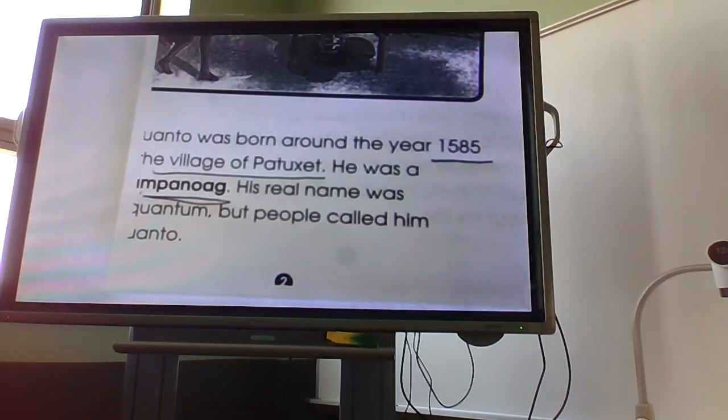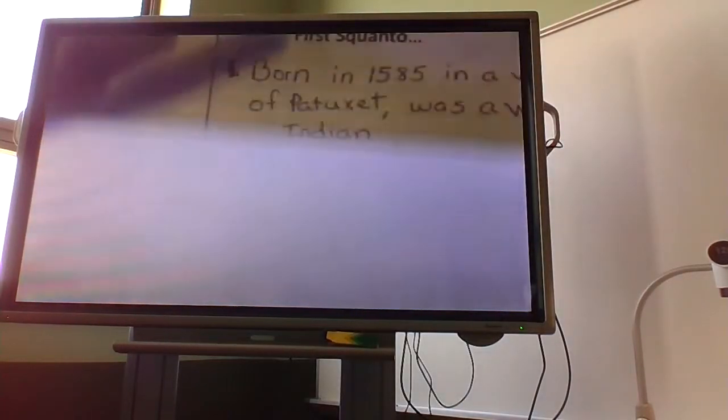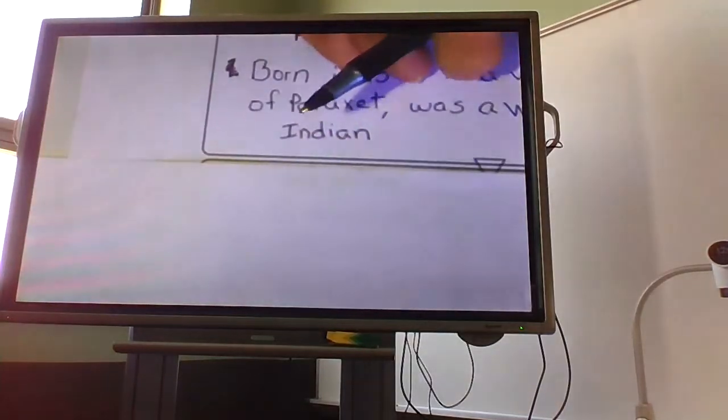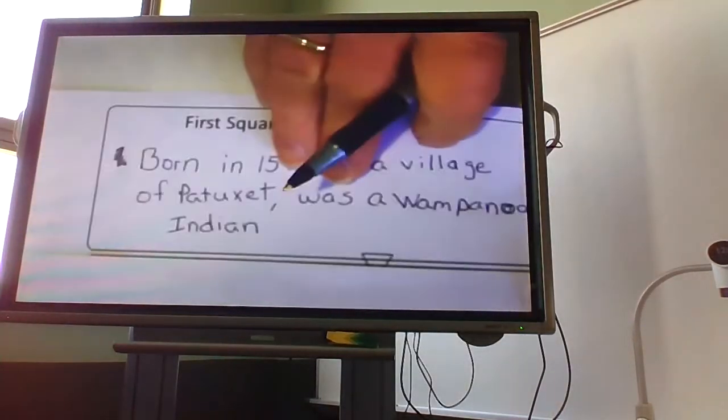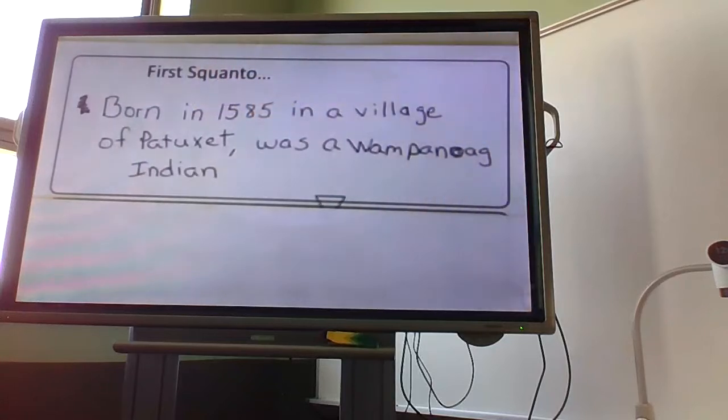When you're writing a biography about somebody, you tell what happened first. Usually you start with when they were born. So, after underlining that, let's look at what I have for first. I put that he was born in 1585, the same thing that I underlined, in the village of Patuxet. I can't even say it.